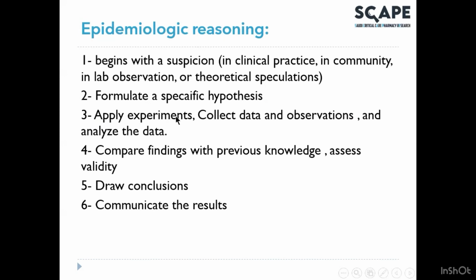We then apply experiments, collect data and observations, and analyze the data. After we have findings, we can compare the findings with previous knowledge and assess the validity. Then we can draw conclusions and communicate the results with others.